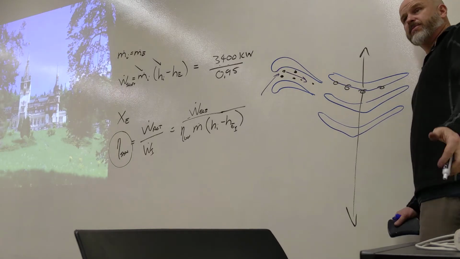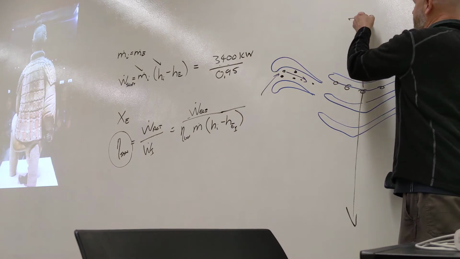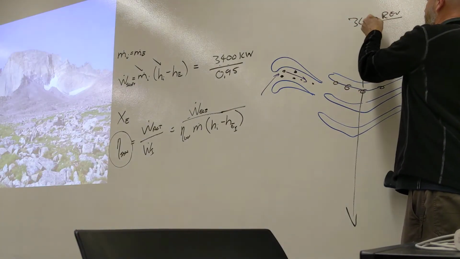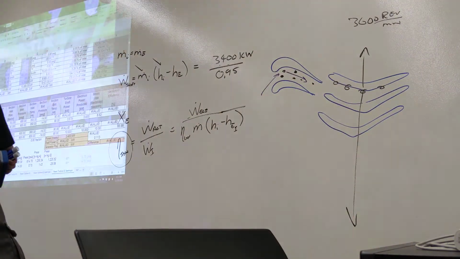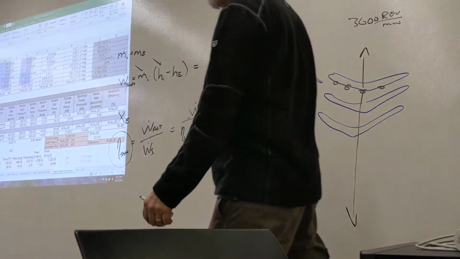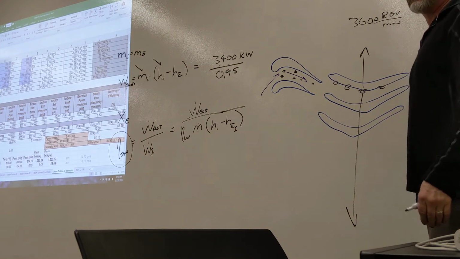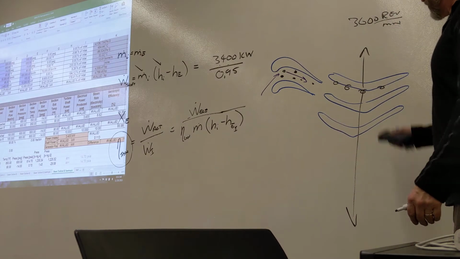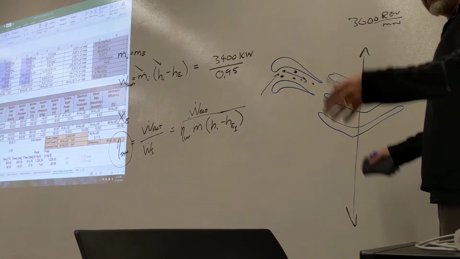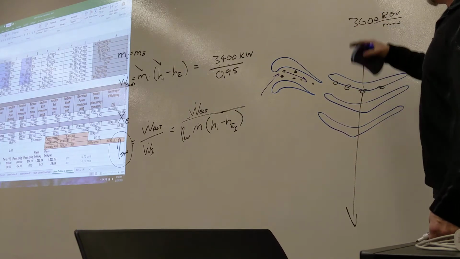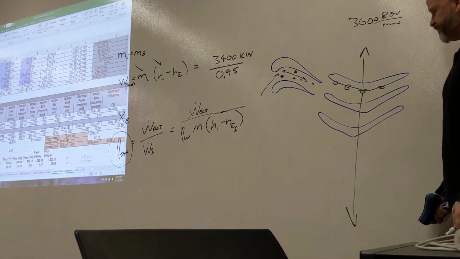And these blades are moving really fast. Most US turbines are going to be spinning at 3,600 revolutions per minute, because we've got 60 hertz electricity, 60 cycle electricity. This is a big magnet spinning around, and we've got to make that hit 60 cycles, 60 hertz. 3,600 RPM is what these things are generally going to be spinning at, maybe 1,800, some whole number derivative of 3,600, of 60 cycles per second.